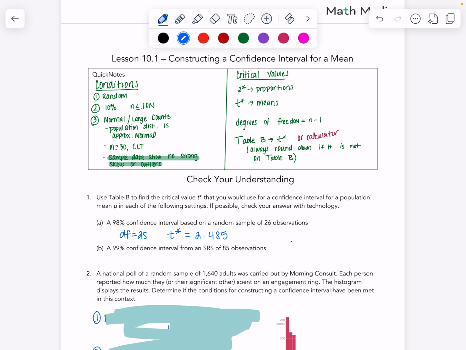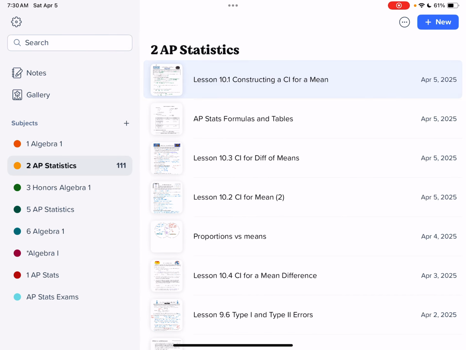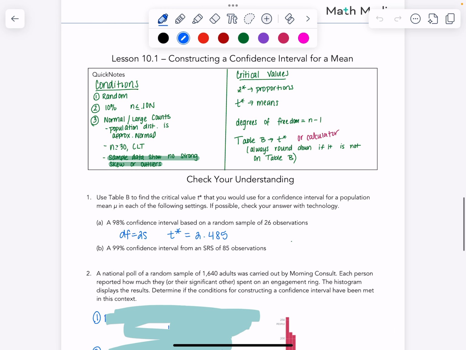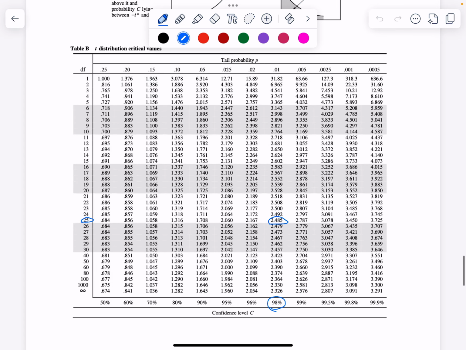Actually, let me do that for the second one, which is a 99% confidence interval from an SRS of 84 observations. So the degrees of freedom is 84, and a 99% confidence interval. Which method you use, you really can go either way. I think some of you will prefer the table and some of you might prefer the calculator.